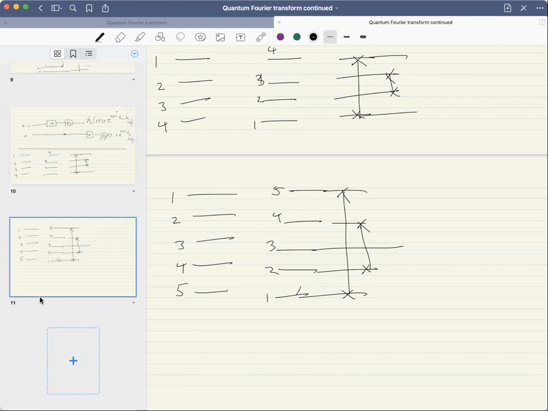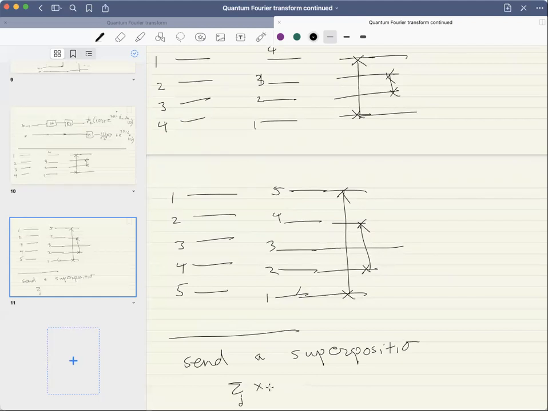And then, of course, if I send in a superposition, let's say the sum over j of xj times j, where these are just some complex numbers, they have to be normalized, but it doesn't matter, you can always normalize and send them in.